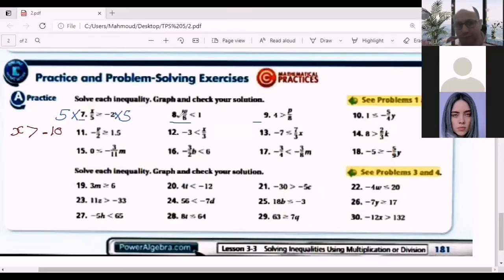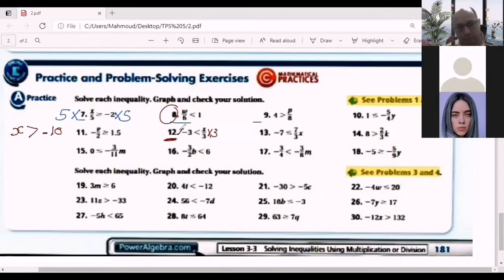What about you, Jamila? Can you read this example, number 8? Okay, we will change to another one here. This example, number 12: -3 is smaller than or equal to X over 3. How can we solve this inequality here? Do we multiply, or do we divide?